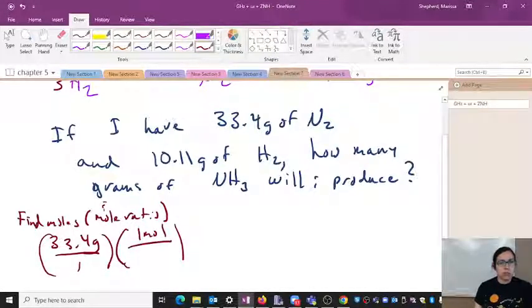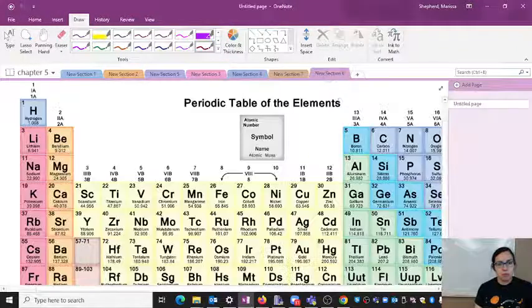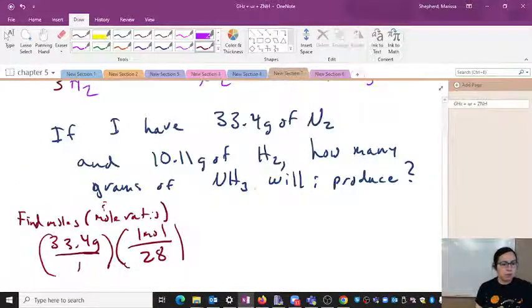It's N2 though, so it'd be 14 times 2. So 28, we're all good with that, 28 grams per mole. So 14 from there, so 14 times 2.